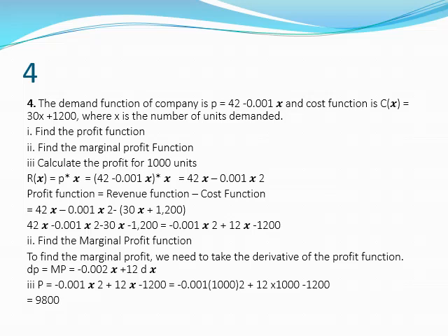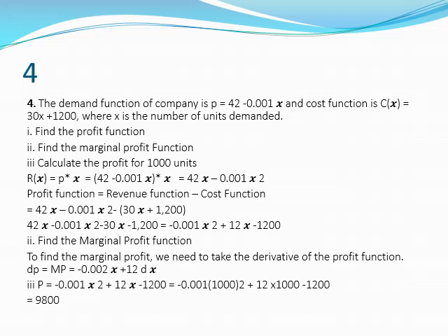R(x) equals P times x. So x multiplied by the brackets of 42 minus 0.1x. The result is 42x minus 0.1x power 2.